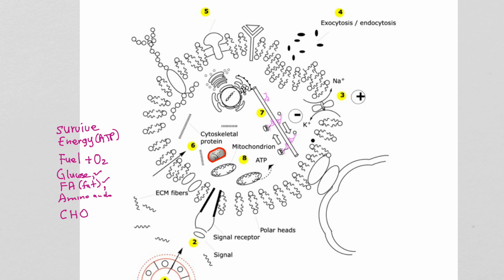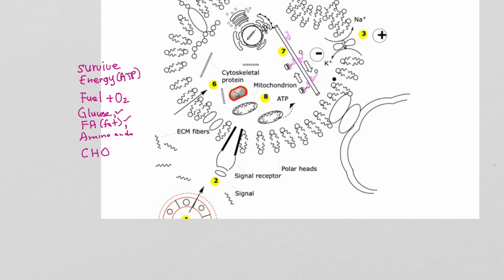Okay, so let's look at an example. So glucose, let's bring glucose from the bloodstream from here. So glucose from the bloodstream will enter the cell.